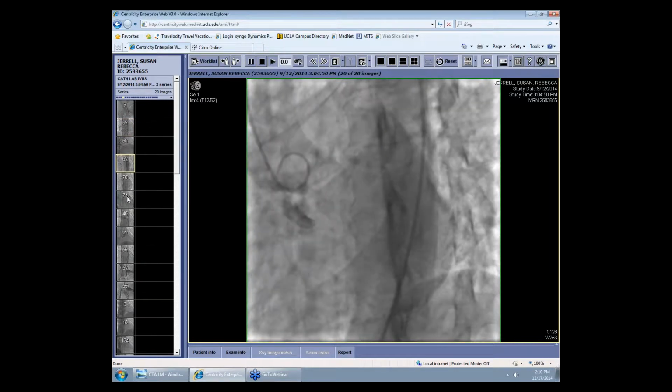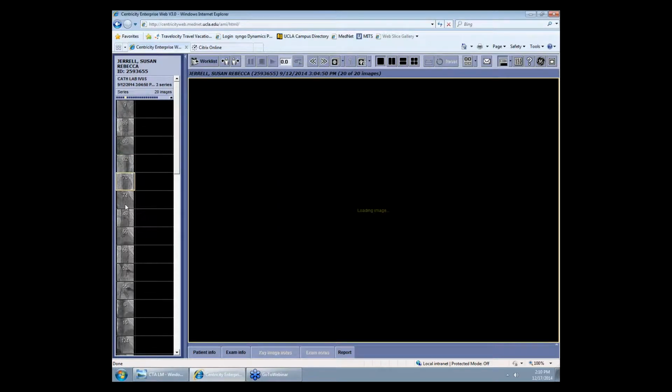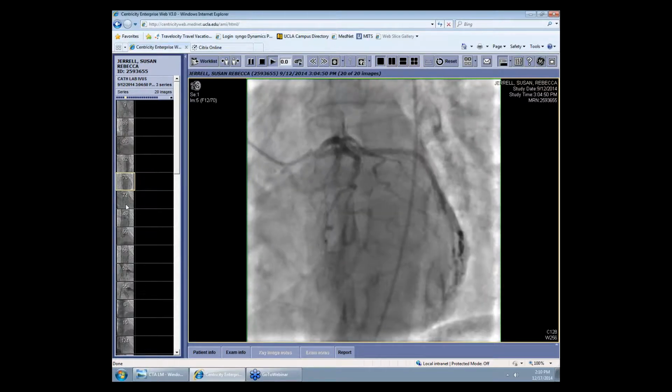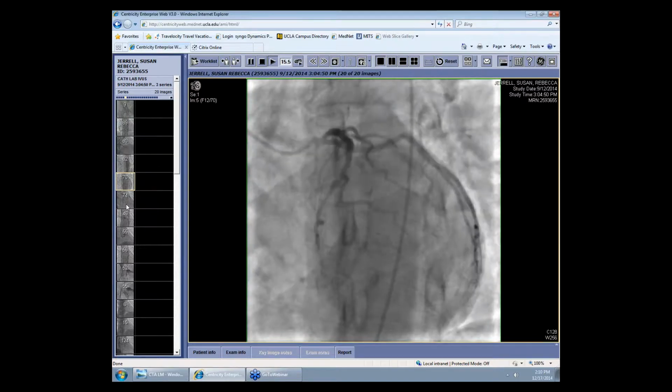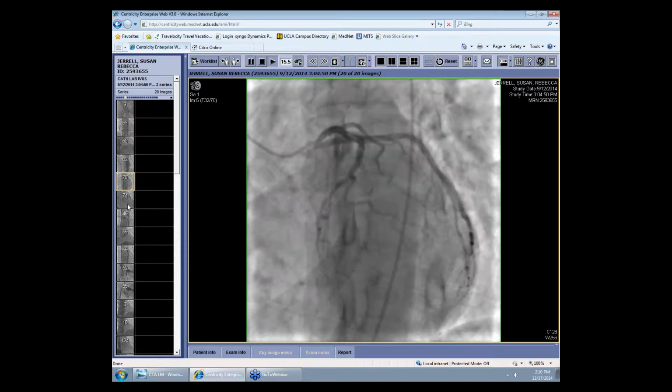Okay, so then they had trouble finding the left system, so they did an aortic injection. And so here's the left coronary system. It actually doesn't look that bad, but it's not in the usual position.